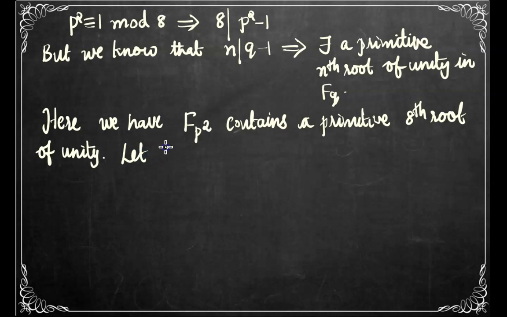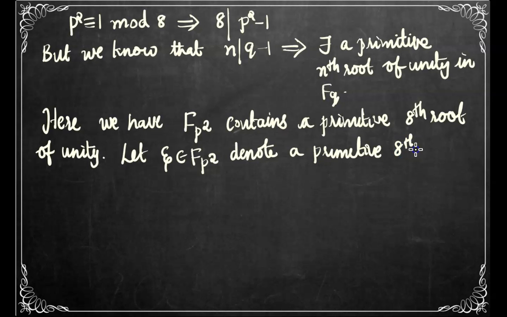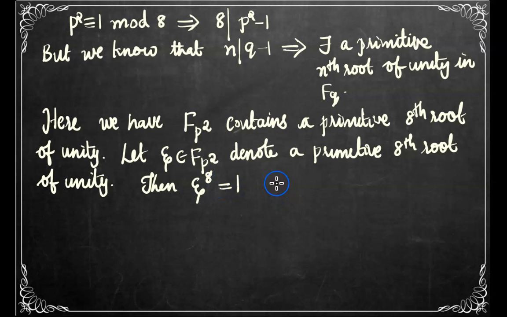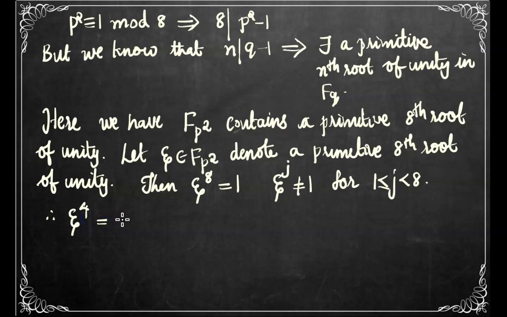Now, let zeta, an element of F_{p²}, denote a primitive 8th root of unity. Primitive 8th root means that zeta^8 will be equal to 1, but zeta^j won't be equal to 1 for 1 ≤ j < 8. Therefore, zeta^4 must be equal to the square root of zeta^8, which can have either plus or minus 1 as value, but we have already stated that zeta^j won't be equal to 1 for j less than 8.